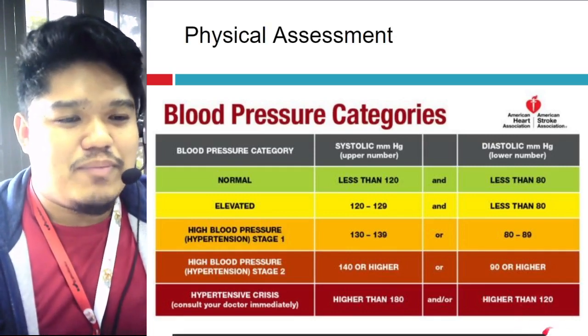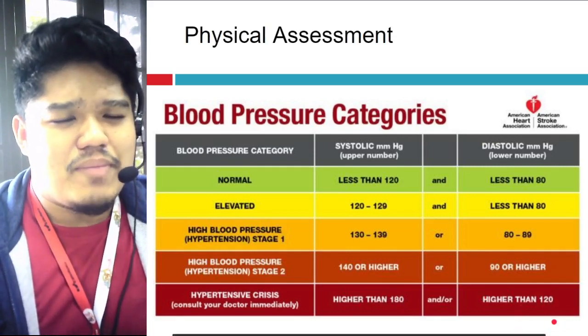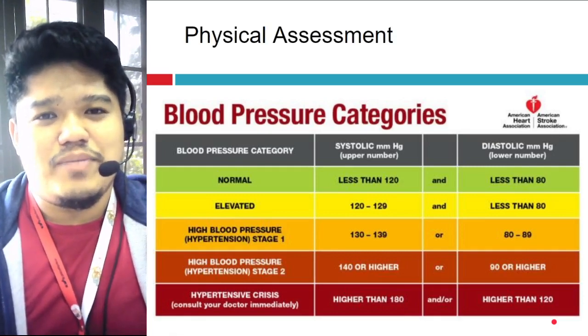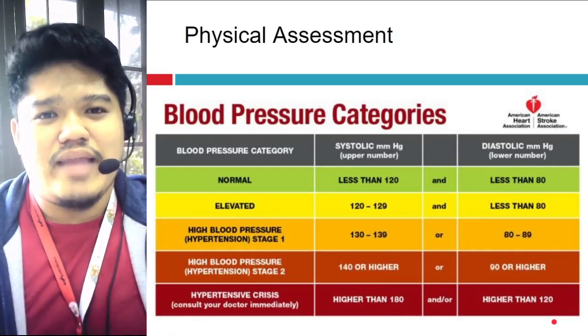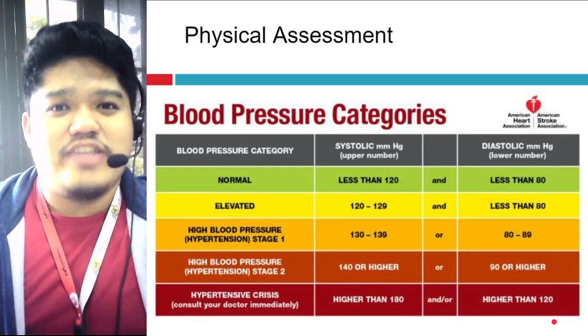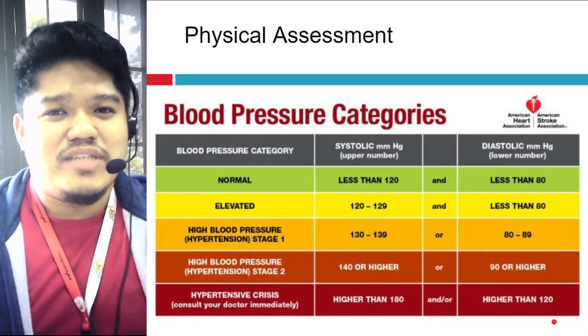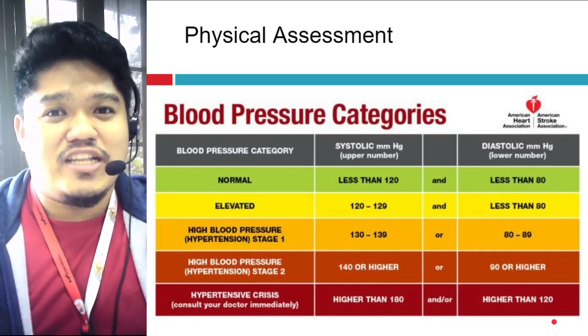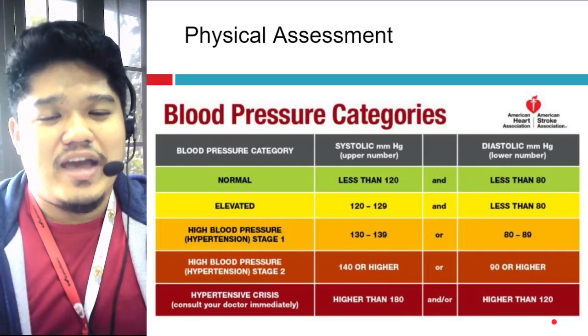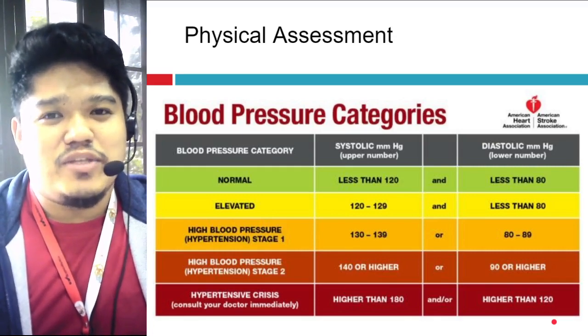So this is an update from the American Heart Association. However, according to the Philippine Heart Association, they are not yet adapting the classification of the AHA since there could be some differences in terms of the racial contributory factors of the Caucasian between Asians and specifically Filipinos.